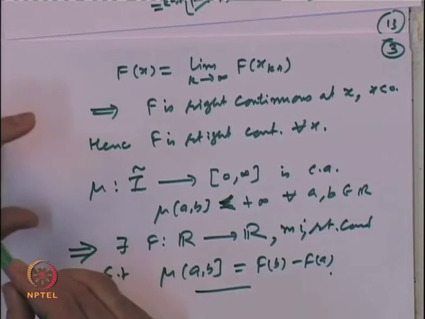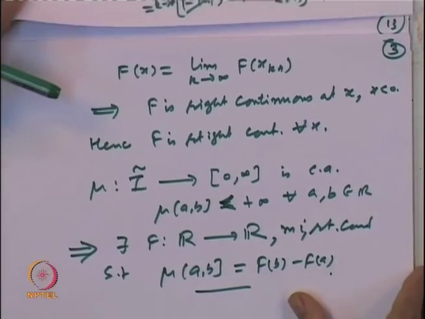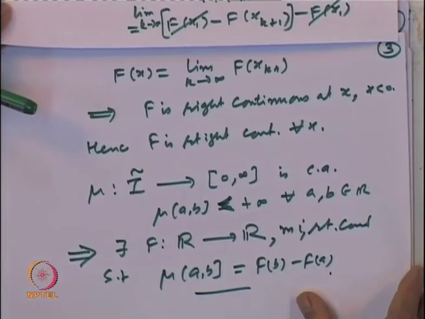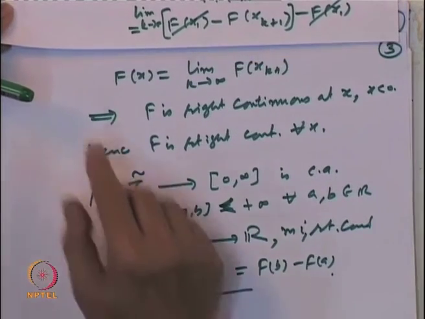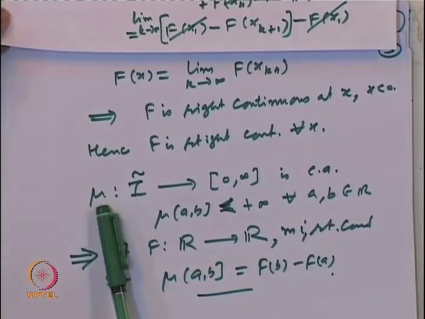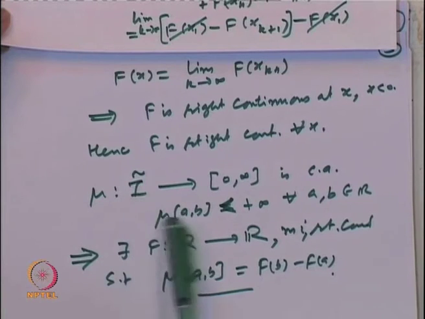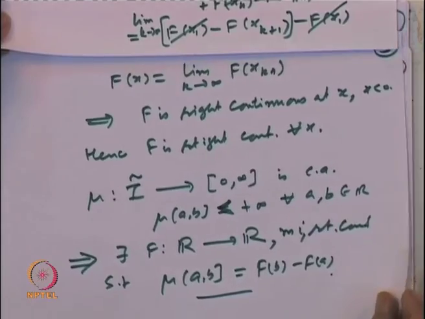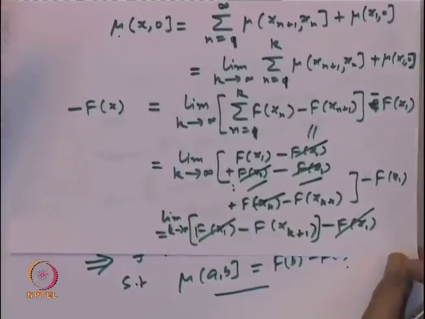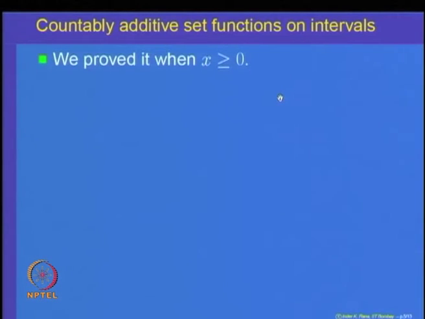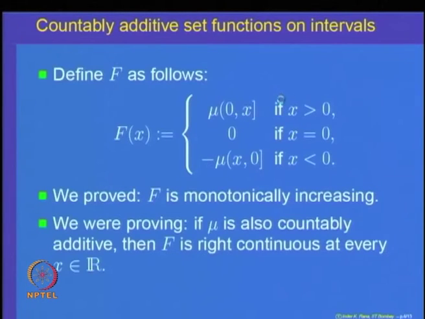So, what we have shown is that to every countably additive set function mu on left open right closed intervals, you can associate a monotonically increasing right continuous function. This is proved.